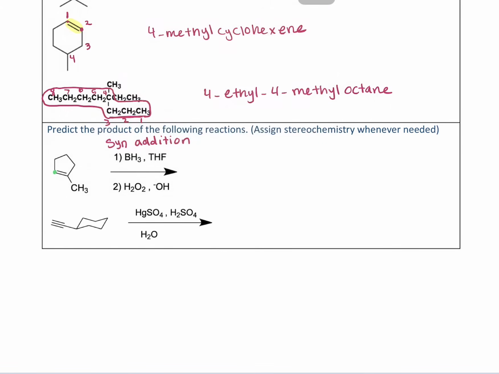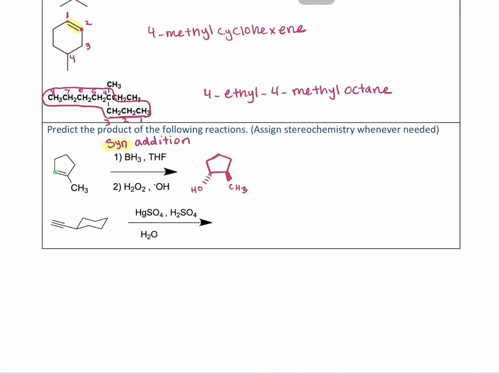And to draw the product, you're going to have this 5-membered ring, and then we have the CH3 coming out of the page, and then notice how the OH needs to be going into the board because the keyword here is syn addition.